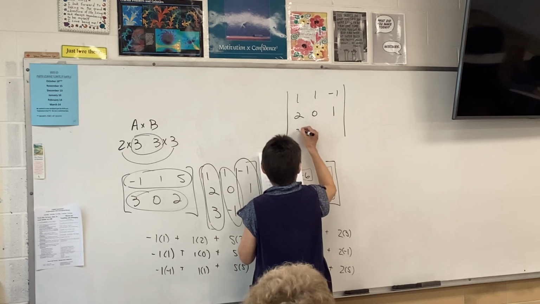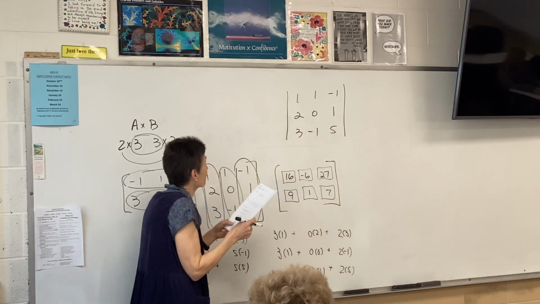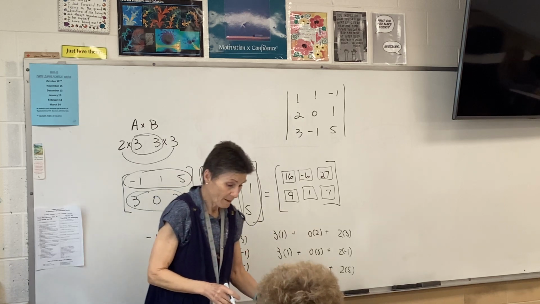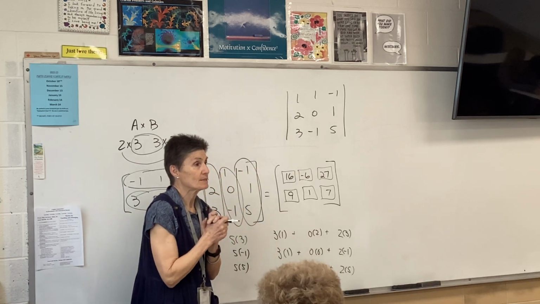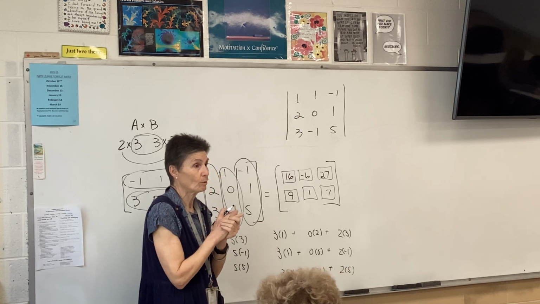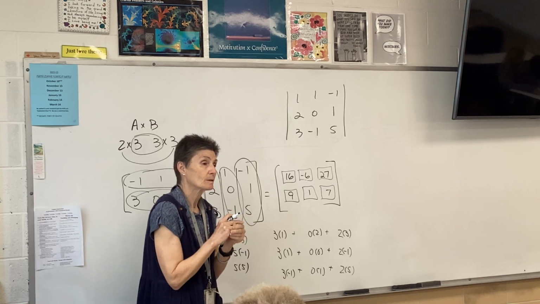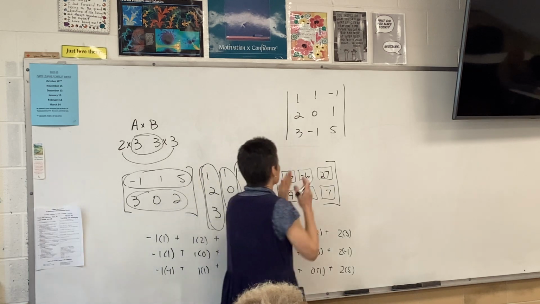B is a 3 by 3. Who remembers how we find the determinant of a 3 by 3? What is the process we go through? Gio? The first column and then put on the other side.